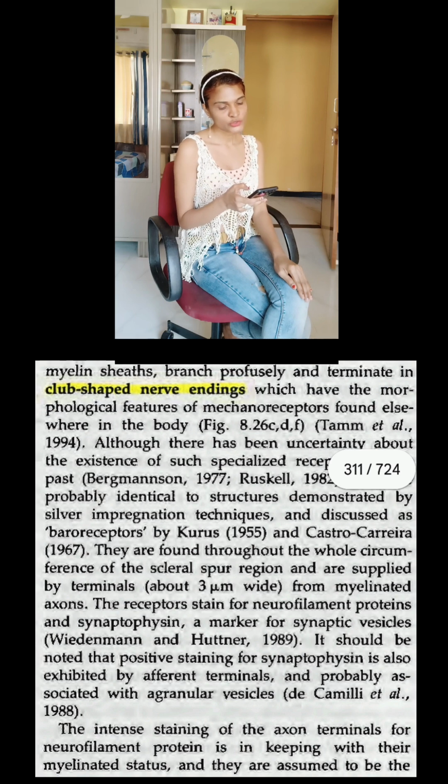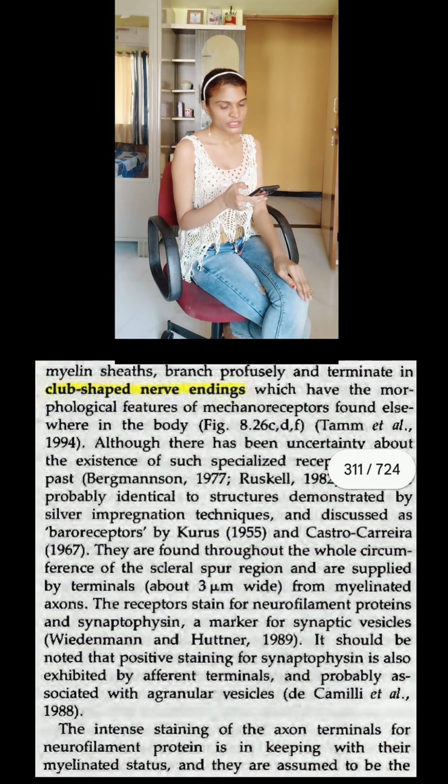They are found throughout the whole circumference of the scleral spur region and are supplied by terminals about 3 micrometer wide from myelinated axons. The receptors stain for neurofilament proteins and synaptophysin, a marker for synaptic vesicles.